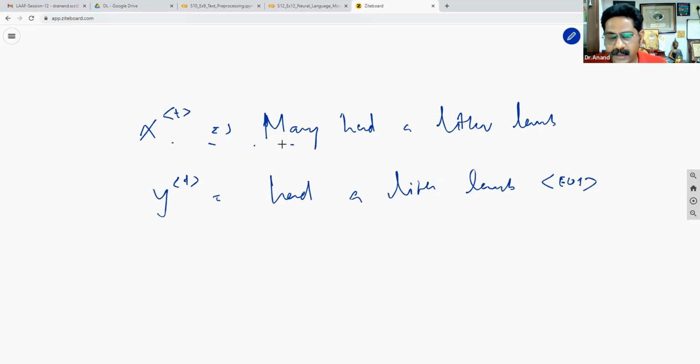So this is the way a typical language model works. You train the model with an input sequence, and you also expect an output sequence. At every time instant, you are expecting the y.